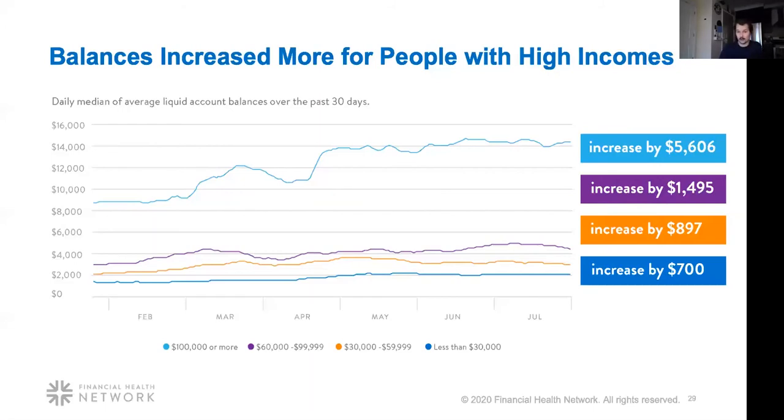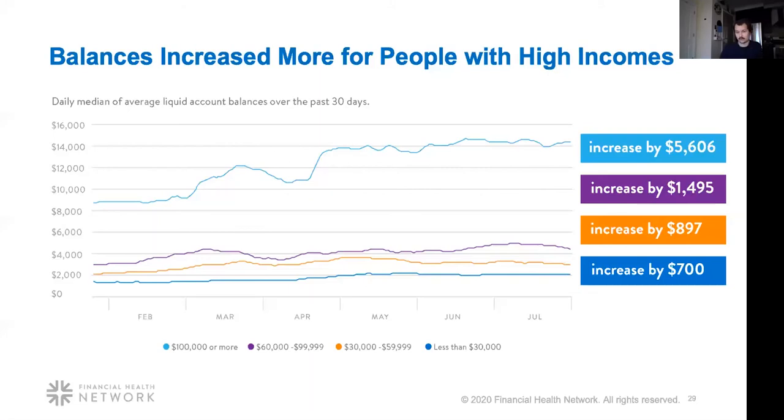while individuals with lower incomes saw increases in savings balances by much smaller amounts. So those with income between $60,000 and just less than $100,000 saw balances increase by about $1,500. Individuals with household income between $30,000 and $59,000 saw balances increase by about $900.